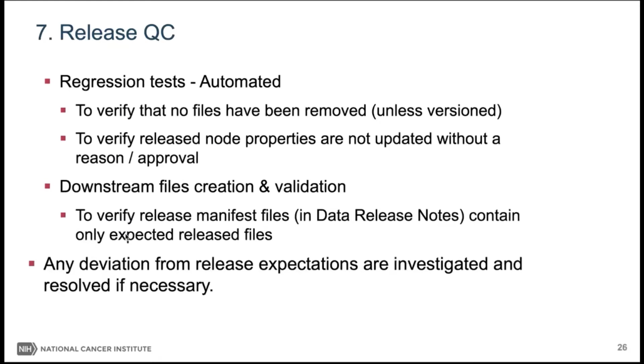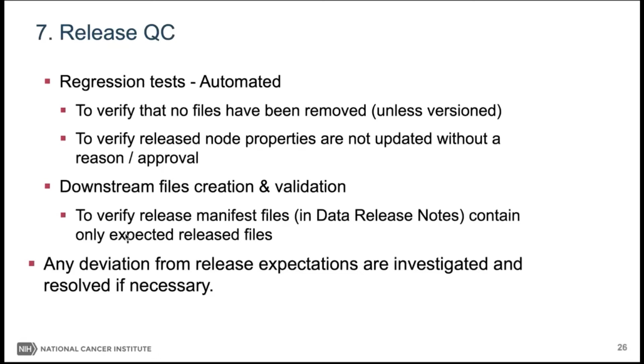The next sub-step is a regression test. The GDC data regression test is a suite of automated tests that are run every release once the new data indices are created. The regression tests help to ensure no released files are removed unless they are versioned.